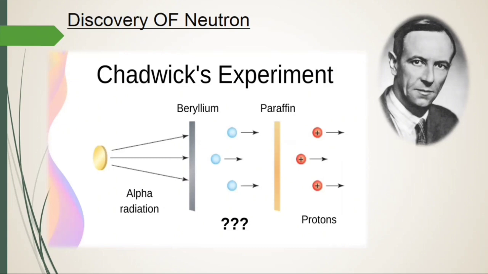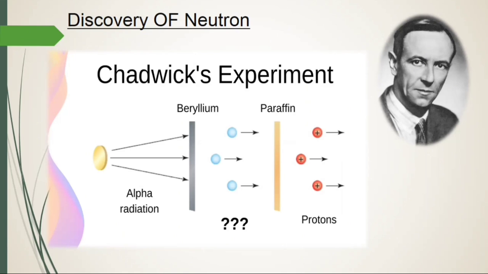Later, he came to the conclusion that neutral particles are emitted from the beryllium sheet due to the alpha particles, and he confirmed the existence of neutrons, which was previously predicted by Rutherford. That's how these subatomic particles were discovered by the scientists.